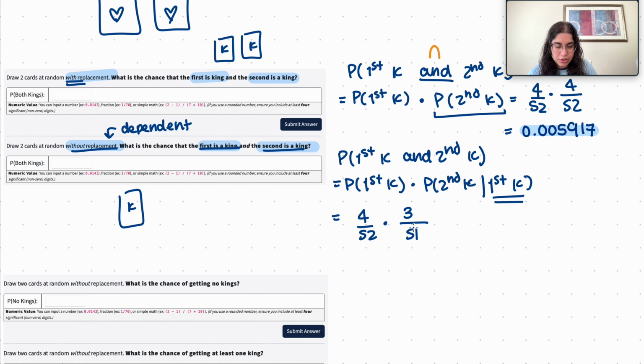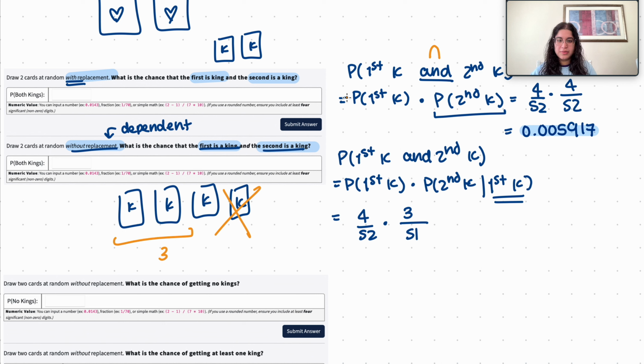And it would actually be 3 out of 51, because originally there were 4 kings in our deck, but since I picked a king in my first round, there are now only 3 kings in our deck of cards. If you put this in your calculator, you would get 0.004525, which would be your final answer.